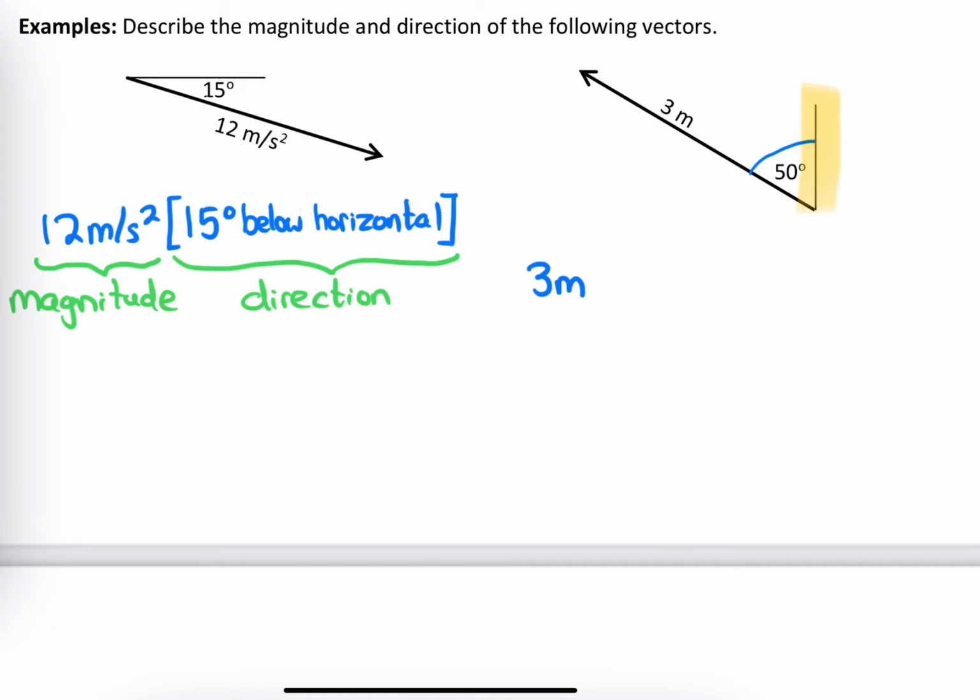That line, unlike our last one, is not horizontal. This line is vertical. So here I had a horizontal line, and my vector was 15 degrees below it, so I said it was below horizontal. Over here, I have a vertical line, and my vector is kind of to the left of it. So I would maybe say it's 50 degrees left of vertical.